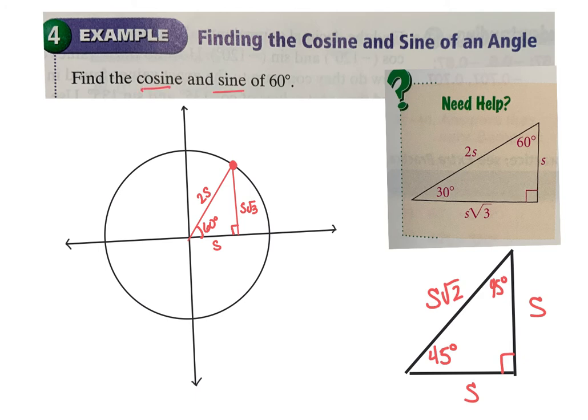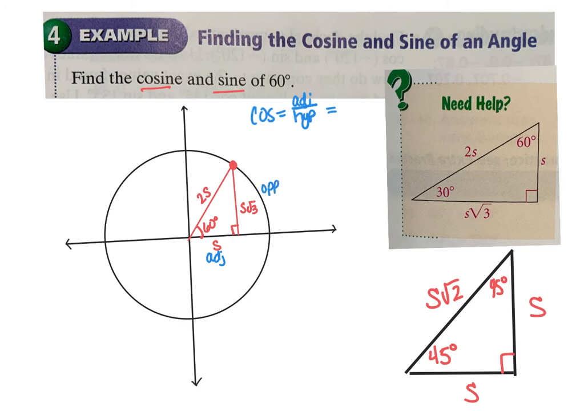All right. So let's talk about cosine. Cosine is adjacent over hypotenuse. Correct? What is the adjacent? So let's label this guy. Which side is the adjacent side? S square root of 3 or 2s? S. What's opposite of my 60? S square root of 3, right? How do you know which one's adjacent?